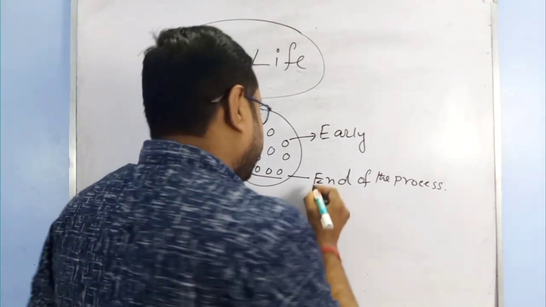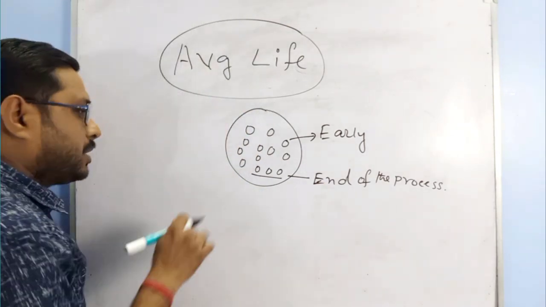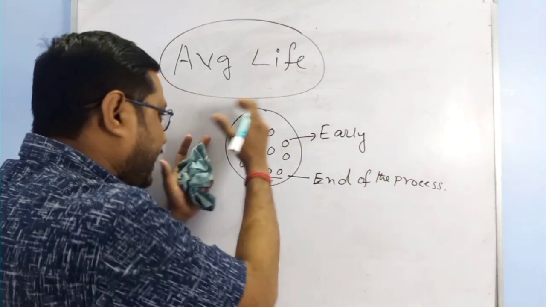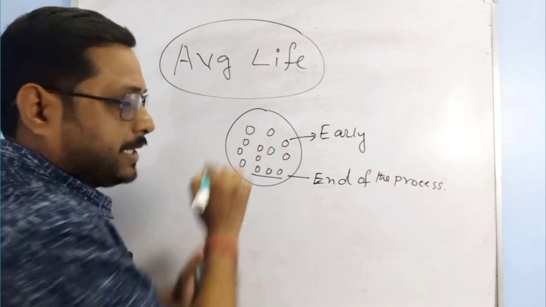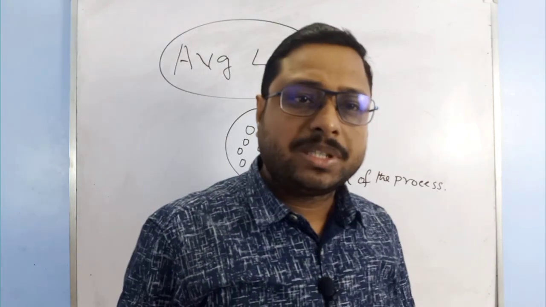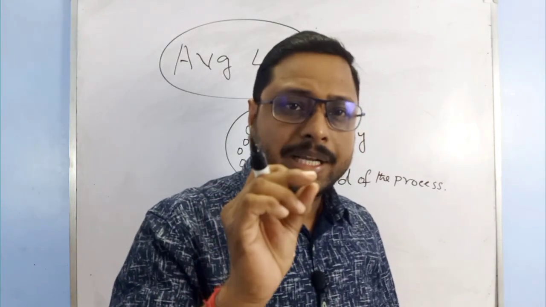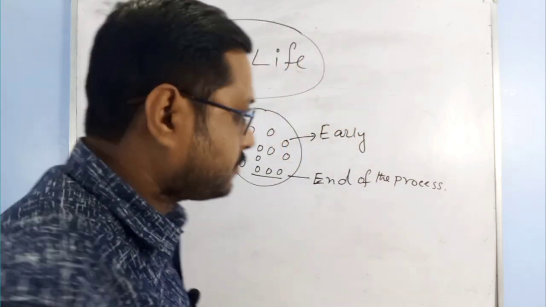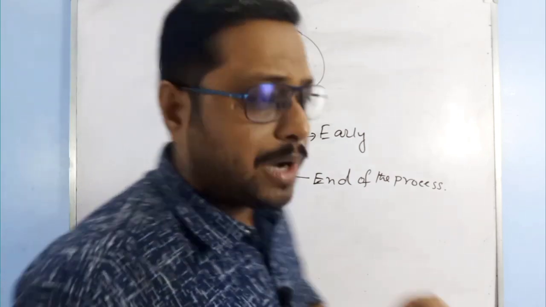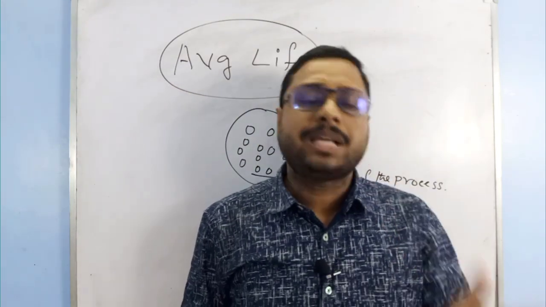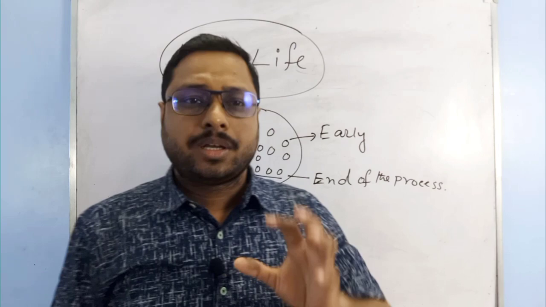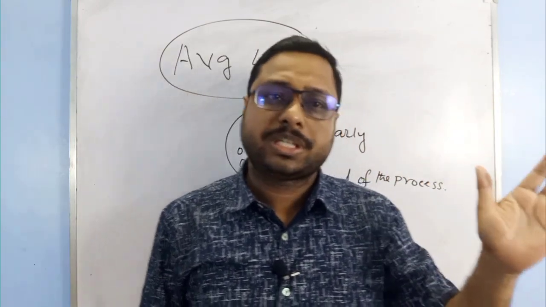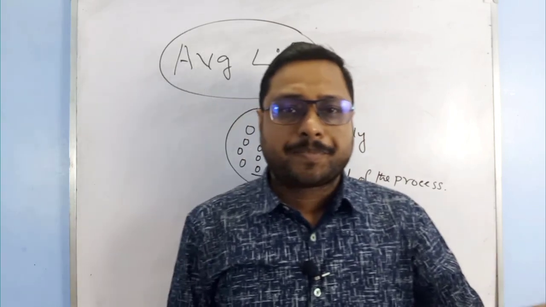So, if anyone asks us what is the average life of the nuclei, then we obviously take the average of the life of every nucleus. So, the average life in a word is the average time of all the nuclei before they decay completely. Okay.